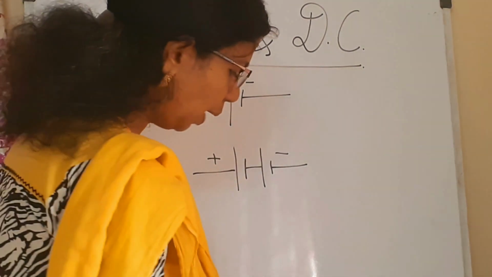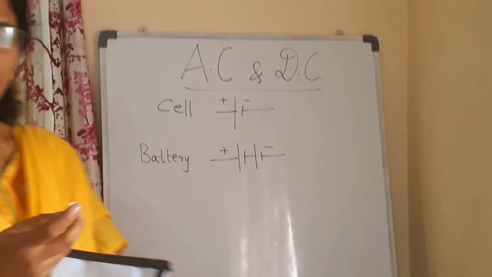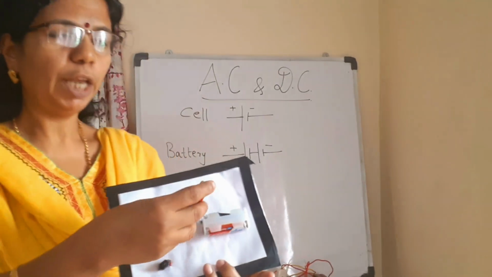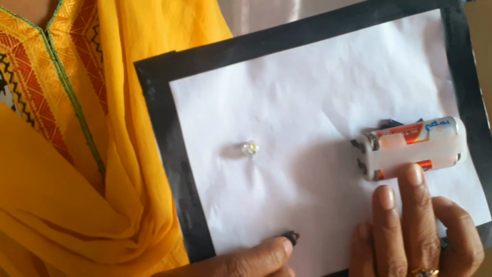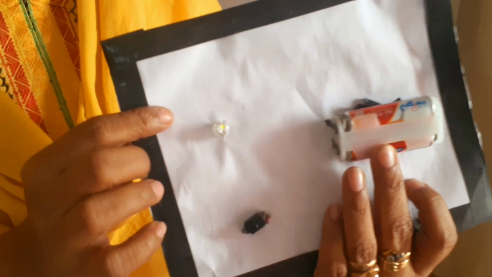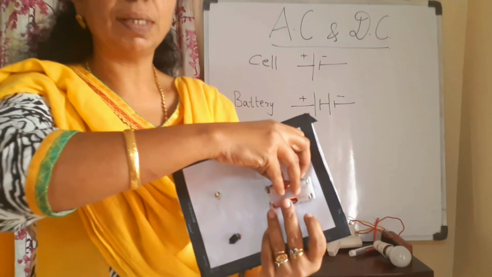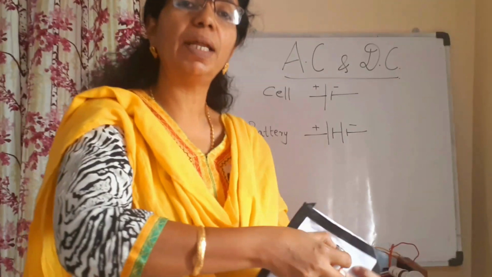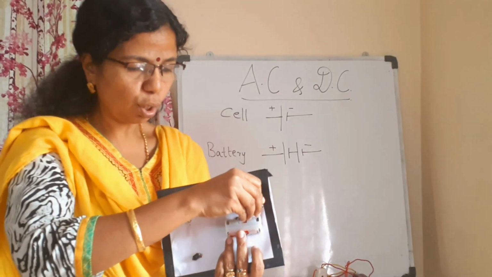So what will happen in this circuit if I connect the cell in the opposite direction? Suppose I connect positive here and negative here and I switch it on, will the bulb glow? No, the bulb will not glow. When you insert a cell in the opposite direction, it will not glow.